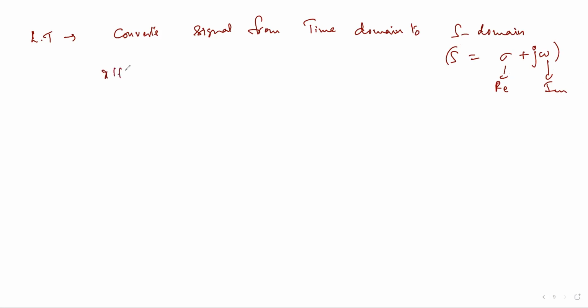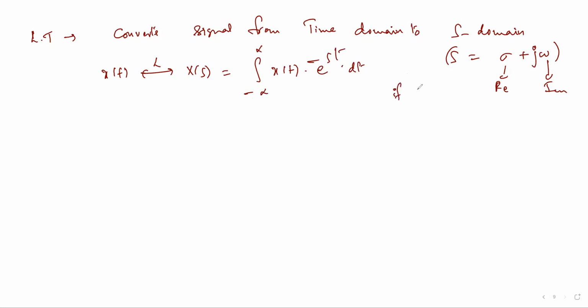So x of t Laplace transform, X of s is defined as integral from minus infinity to plus infinity of x of t e to the power of minus st dt.